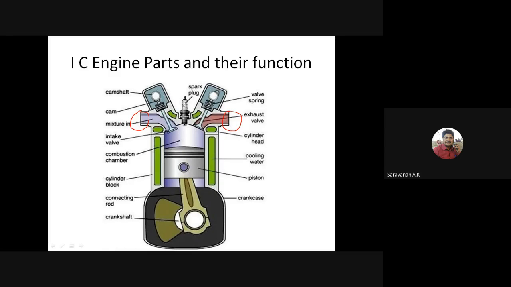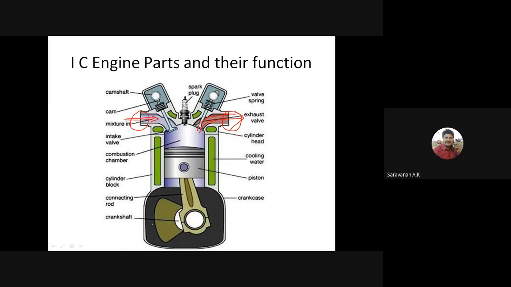Through the inlet manifold, the air and fuel mixture comes in, and the exhaust gas passes through the exhaust manifold to the atmosphere or through the silencer. So we have the inlet manifold and the exhaust manifold.